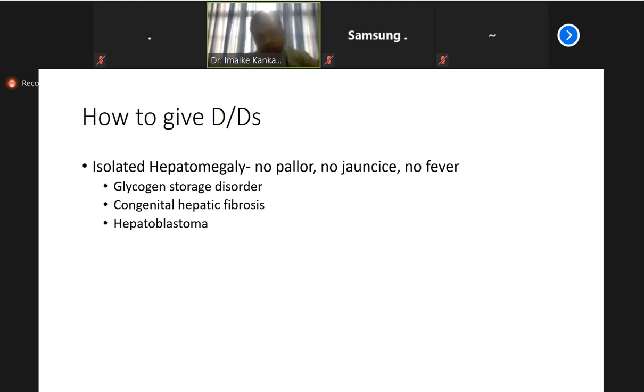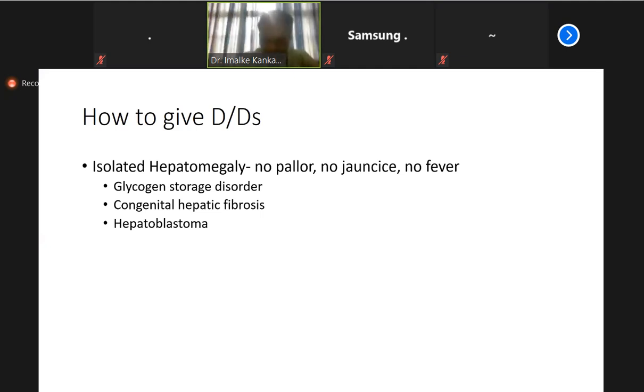So no pallor, maybe you would not have appreciated it also sometimes. No jaundice, no fever. So in that case, three differential diagnoses. Even as a medical student, I had these three differential diagnoses in my basket. So GSD, congenital hepatic fibrosis, hepatoblastoma, right?